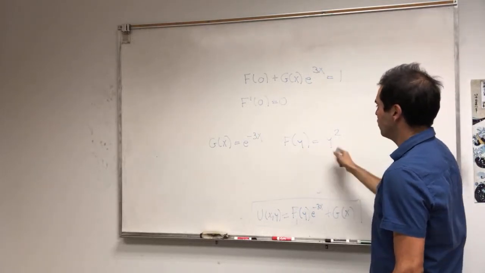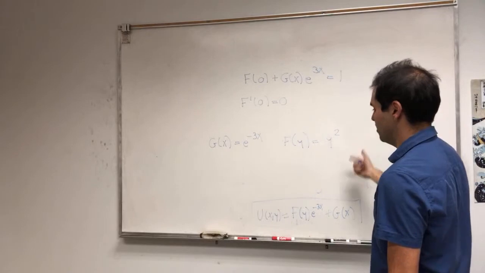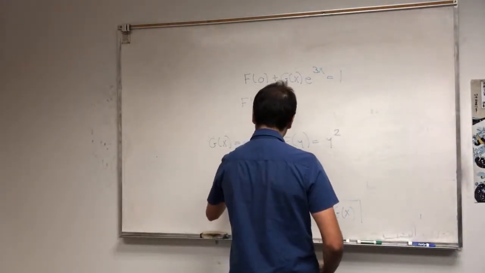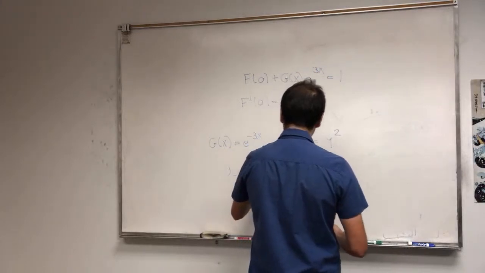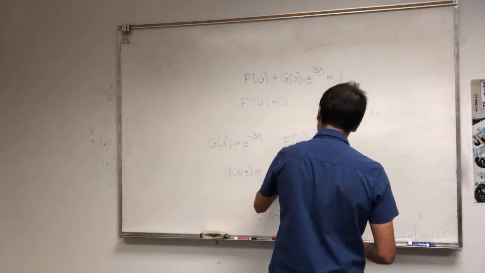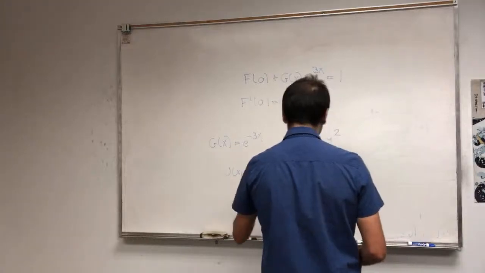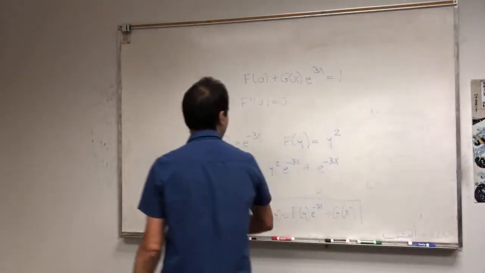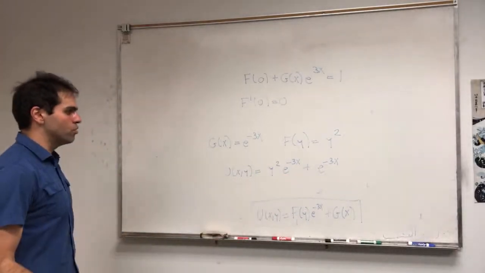And the derivative of f with respect to y at 0 is 0. That would give you the solution u(x, y) = y^2 e^(-3x) + e^(-3x). That would give you one solution.